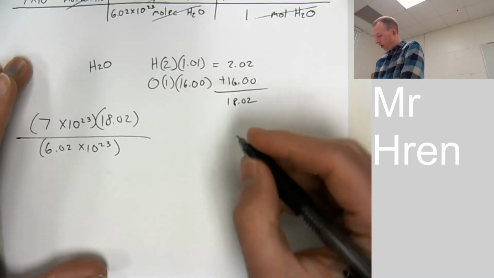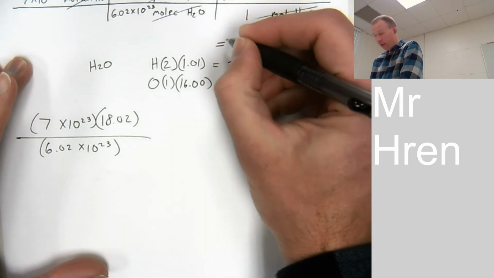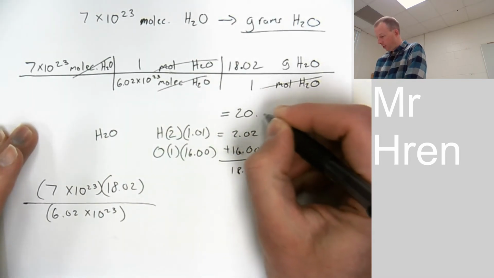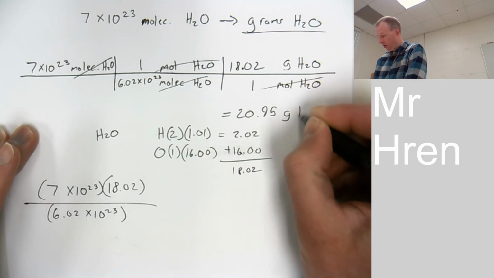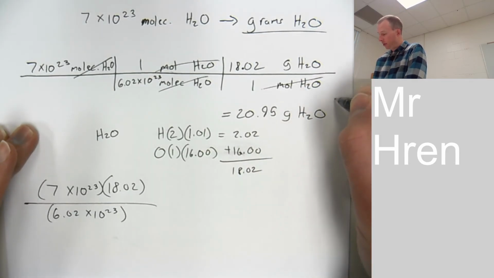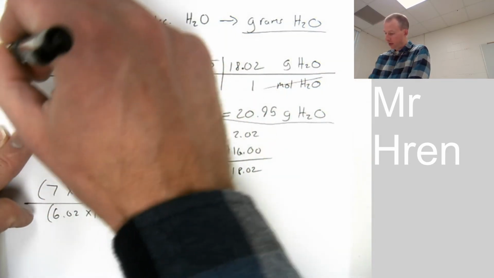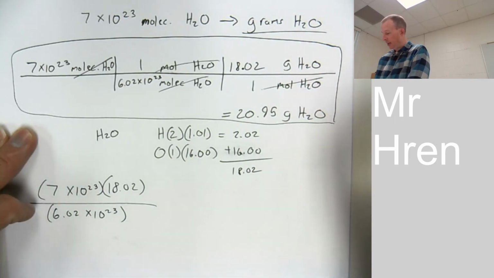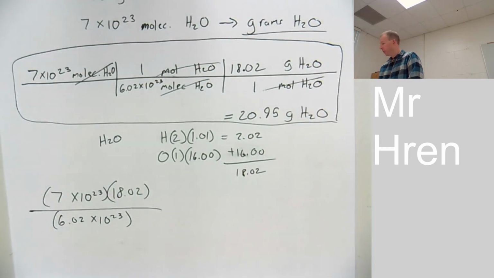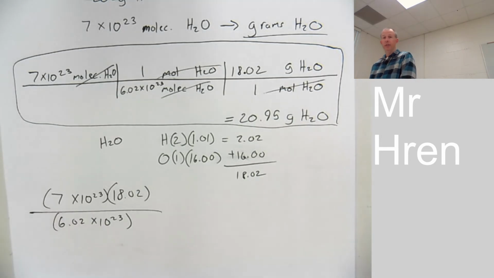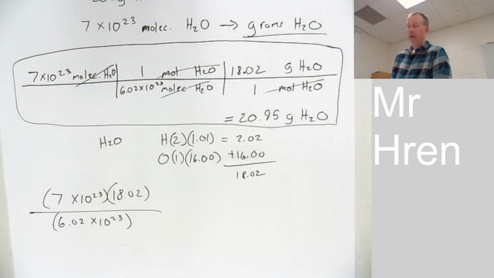So the answer to all of this is 20.95 grams of water. And that is, again, what I would expect in terms of credit. Everything in there, you've got to show all that.